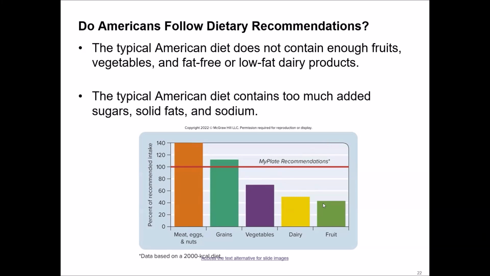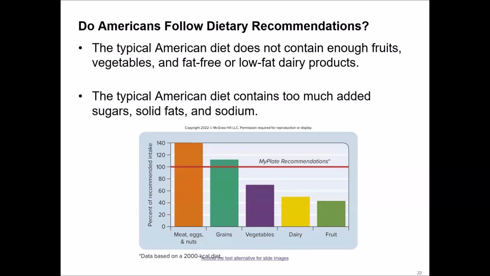vegetables, dairy, and fruit. We don't seem to be getting enough fruits, vegetables, and the kind of healthy dairy, which will be low fat or fat-free dairy products. And what they also found, and I don't think it's much surprising, is that the typical American diet, not everyone, but the typical American diet seems to be getting too much of the sugar categories, the carbohydrate categories, more of the unhealthy types of fats like solid fats, saturated fats.